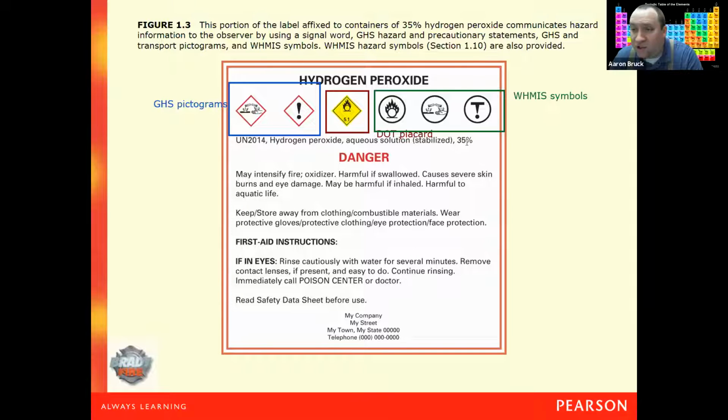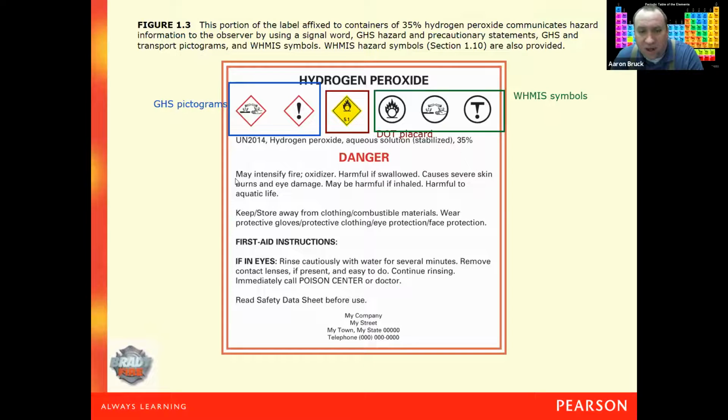Anytime we have a mixture or a solution, we need to know what its concentration is as part of its labeling system. We have the trigger word danger here to indicate that we have something that is of a particular hazard, something that we definitely need to pay attention to.